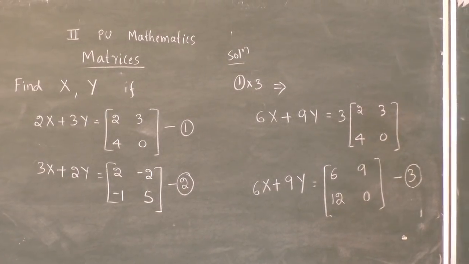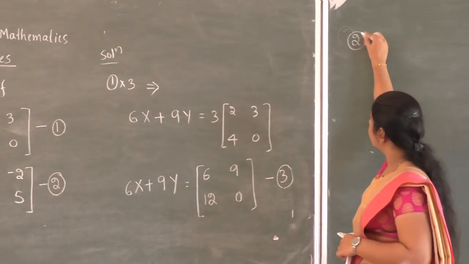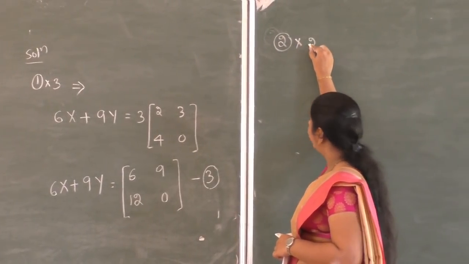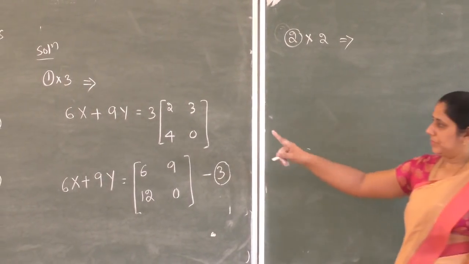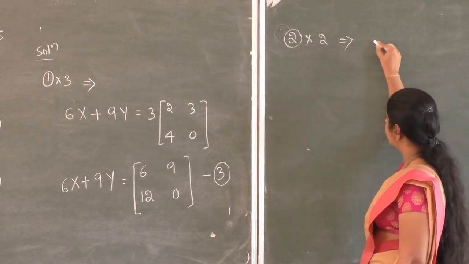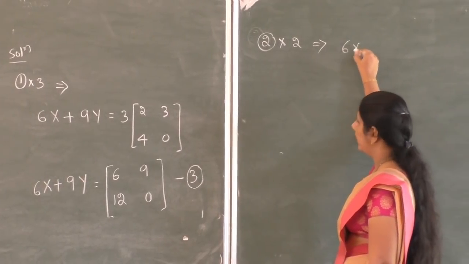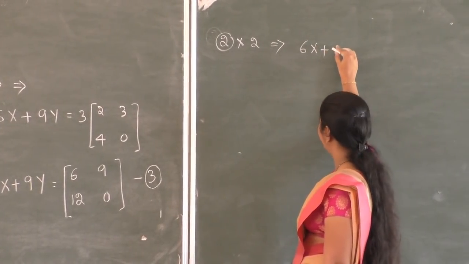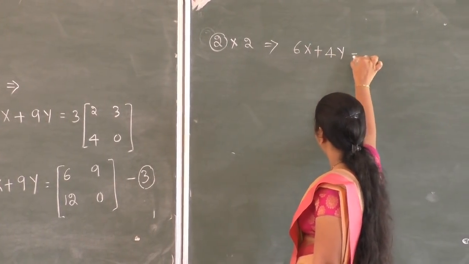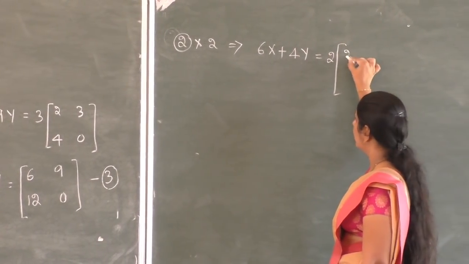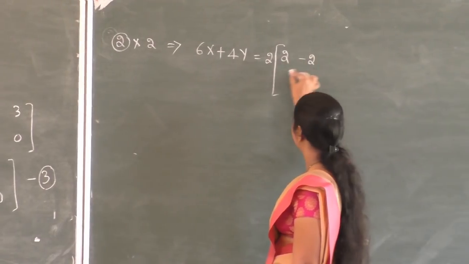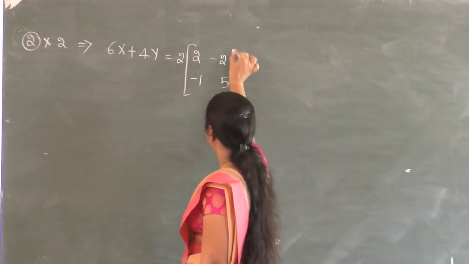Now you have to multiply equation 2 by 2, then we get 2 into 3x, that is 6x, plus 2 into 2y, 4y, is equal to 2 into the matrix 2, minus 2, minus 1, 5.